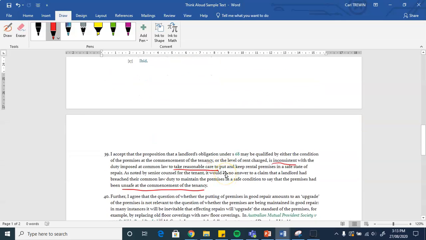Now that I've been able to unlock this, I can understand that this has set a binding precedent. I've identified the reason for the decision, the ratio decidendi, and I know how this will apply in future cases.